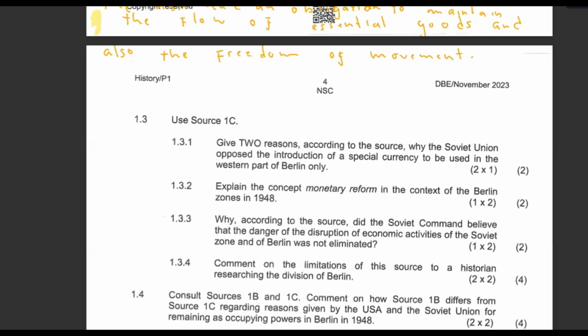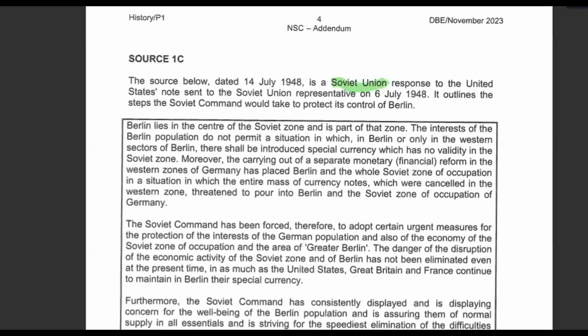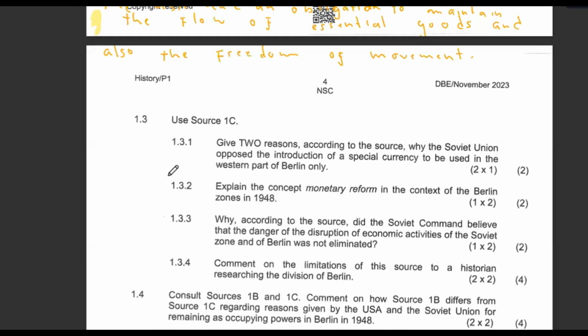The first we extract from the source itself. There was a special currency which was introduced, which could only be used in the western side of Berlin, but it could not be used in the other part of Berlin. So it actually undermined the economy of East Berlin. So that's the first reason.